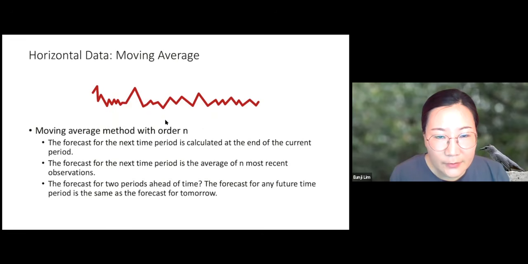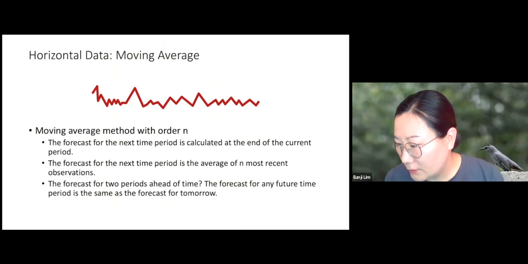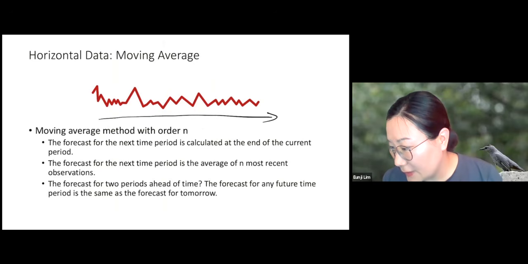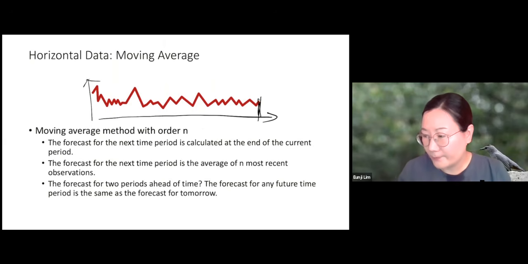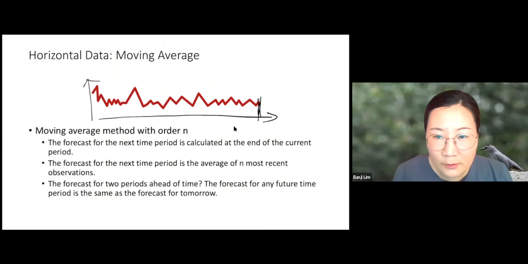The first method you can use is the moving average method. So let's say that you plot the data set on the XY plane, and this is the current time period. And we want to make a forecast for the next time period.